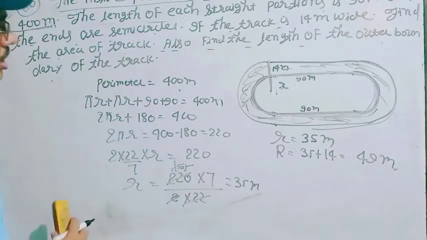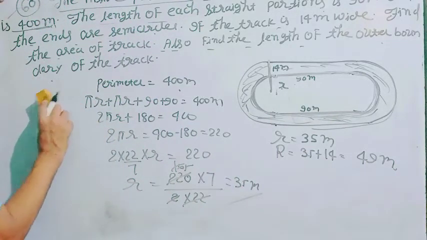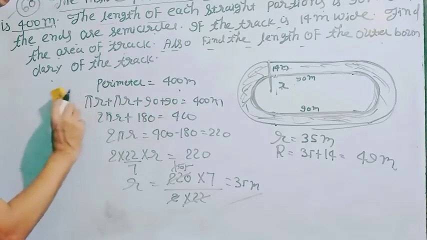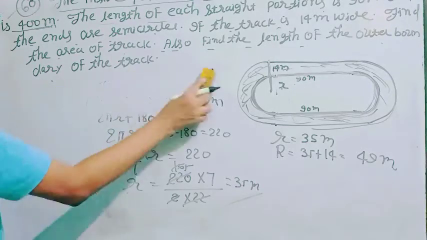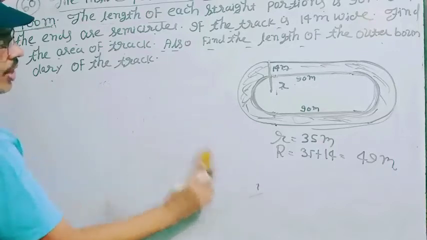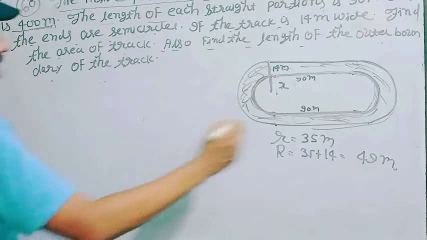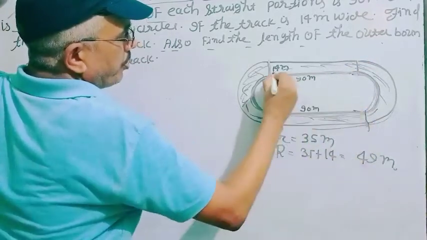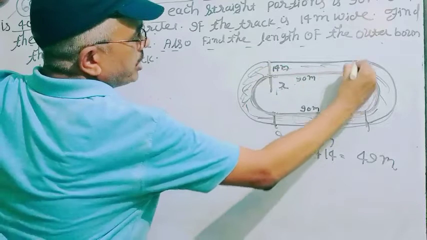Now your question: what is the area of the track? First, from the perimeter you find the radius and the capital R, and after that you find the area of the track. Dear students, here are two rectangles whose breadth is 14 and length is 90.